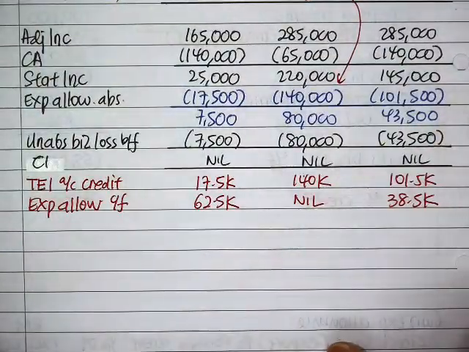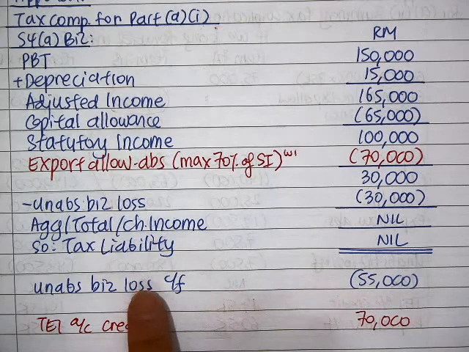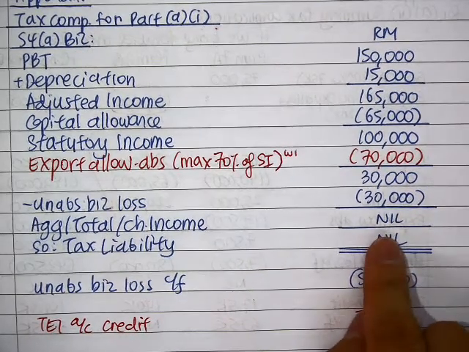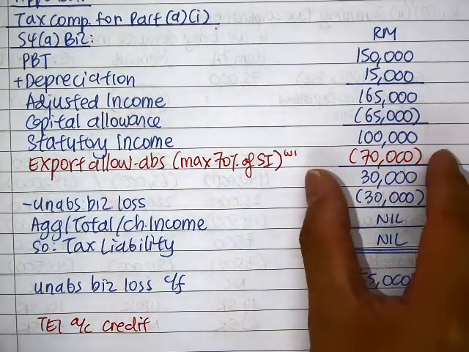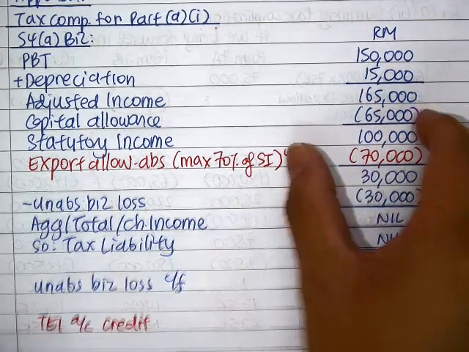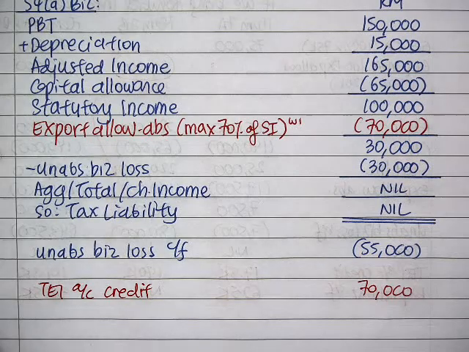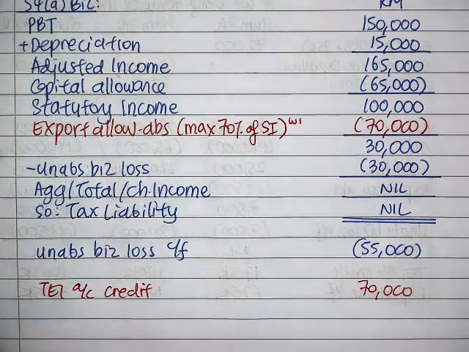That means you explain to them in the numbers that you will not be having any tax because your income is zero. And the reason why income is zero is because you're able to absorb an export allowance of 70,000, which is based on maximum 70% of the 100, and taking into account the unabsorbed business loss, that's why it's zero. Now you just have to explain what you computed. That means what you see in the numbers, you write them back. Okay? Because they ask for a report.